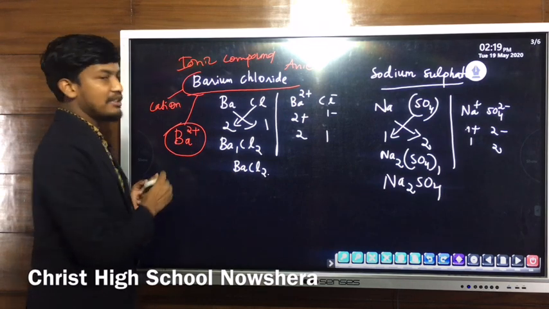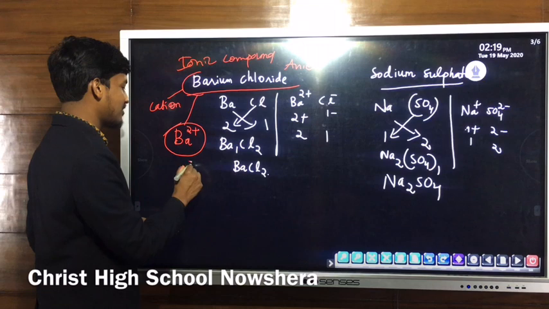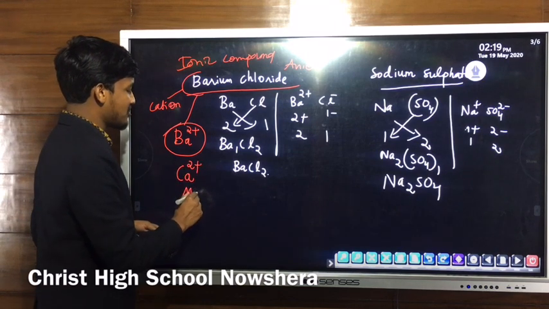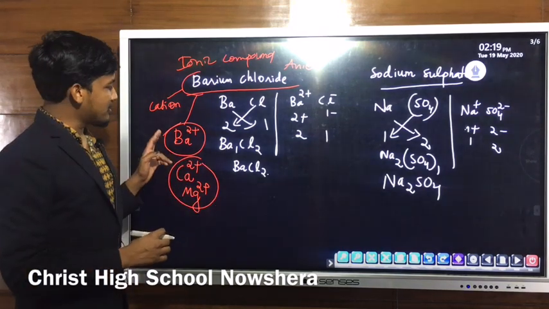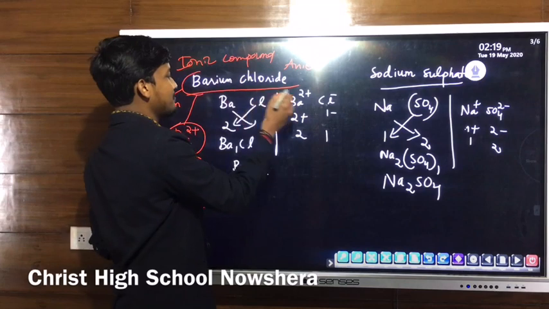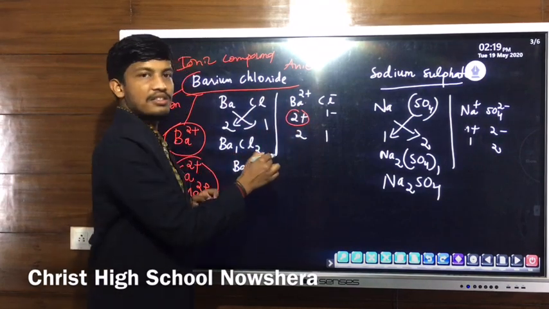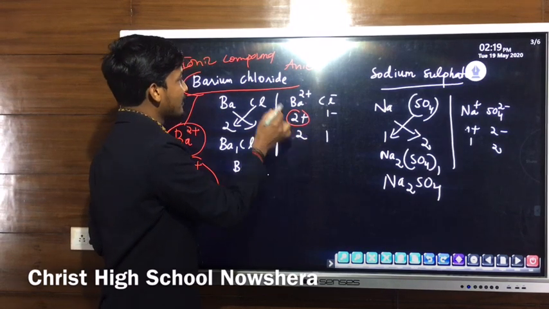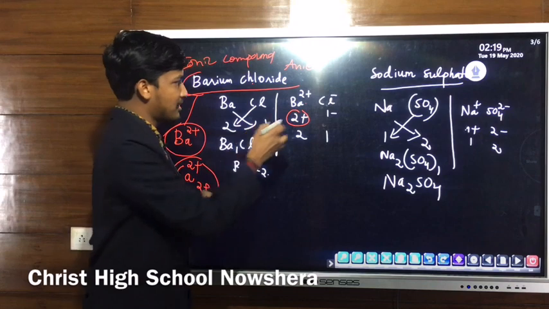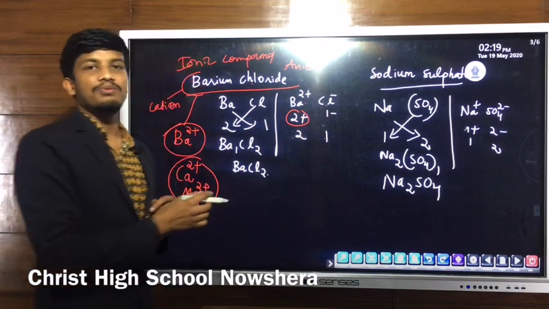Barium is Ba2+. It is just like calcium, Ca2+, and magnesium, Mg2+. So the charge is 2 plus, therefore valency 2, after avoiding the sign. Next, chloride is Cl minus, charge 1 minus, therefore valency 1.